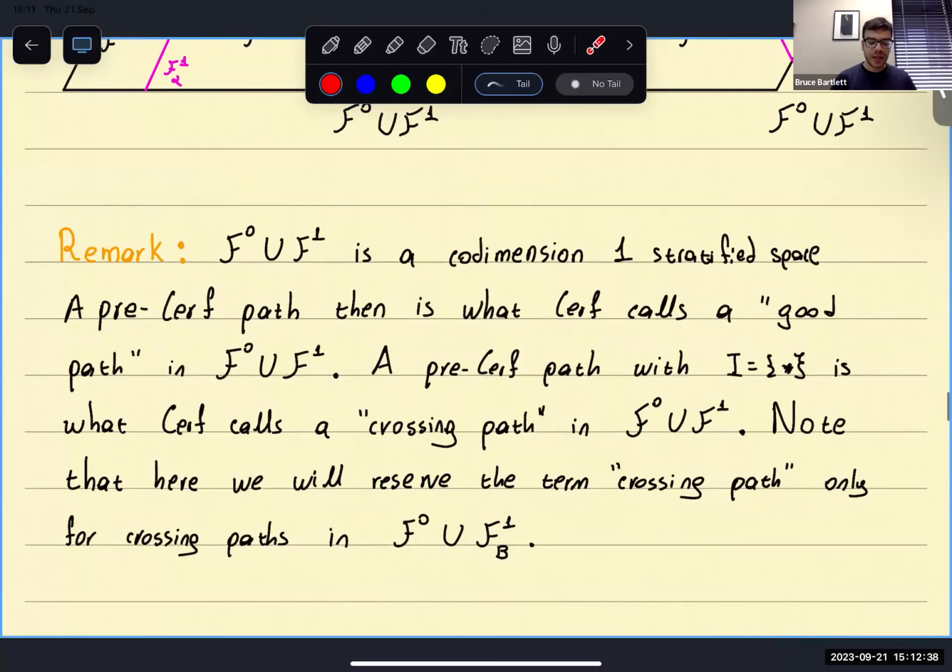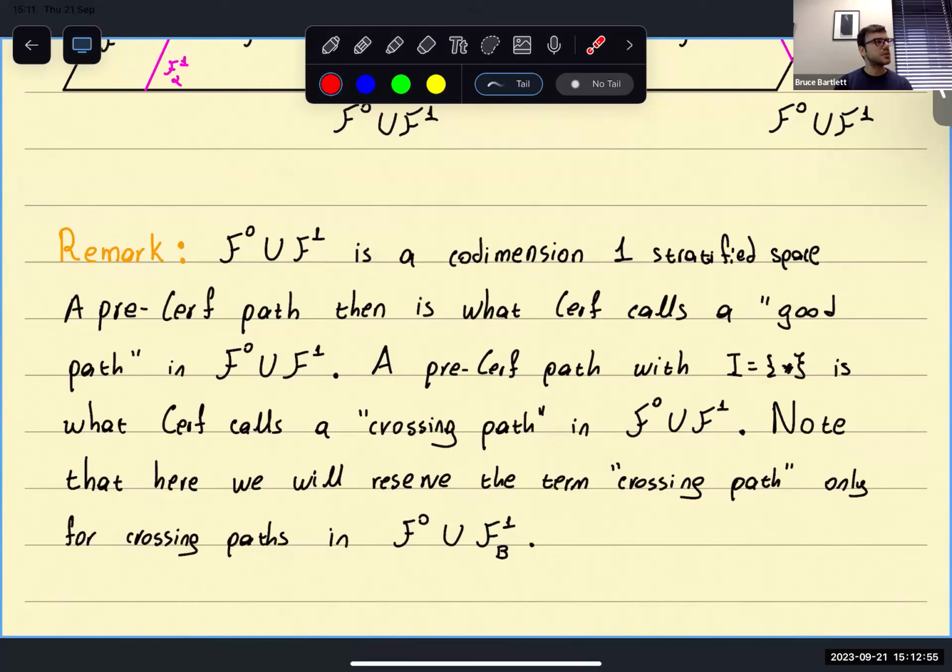And also, Cerf would call what I'm calling a pre-Cerf path that only crosses F1 once, so the collection of discrete times is just a single point, a crossing path.